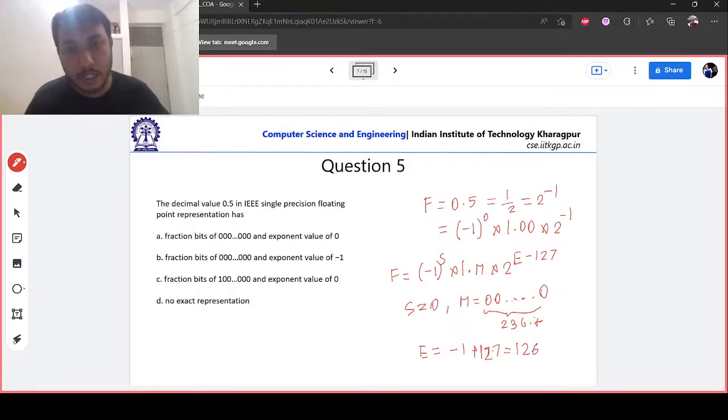So this is the way we are doing the converse, converting the decimal to the corresponding binary. So the correct answer is option B. The fraction bits are 0 and the exponent value, as you have seen here, is minus 1.